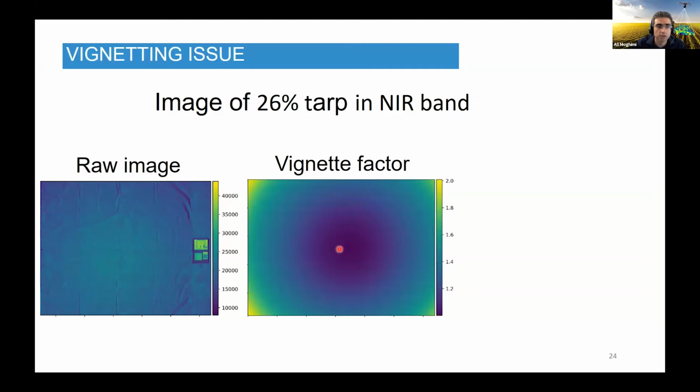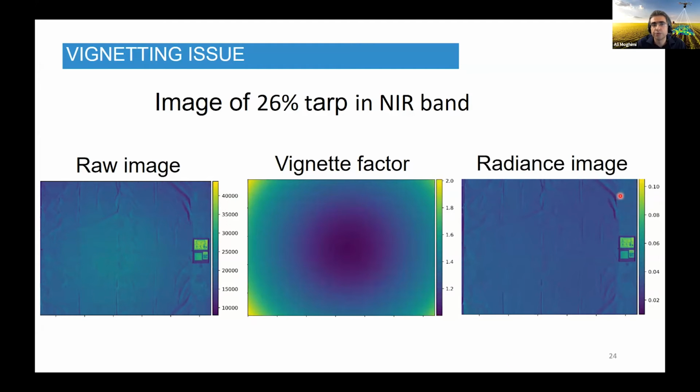For our sensor, you can see we need to multiply pixel values at the corner by 2, which means it's a big change. And once we apply those factors, then we get a smooth and uniform reflectivity across the TARP. This is what we expected to get.